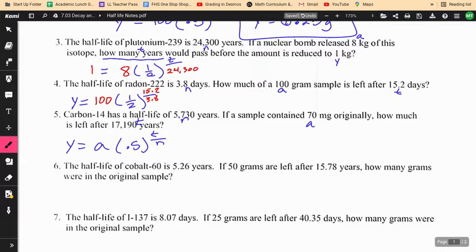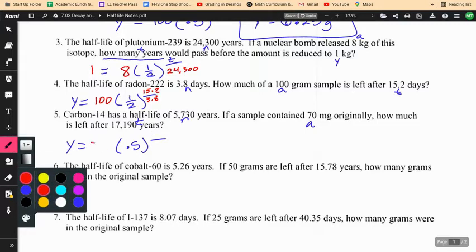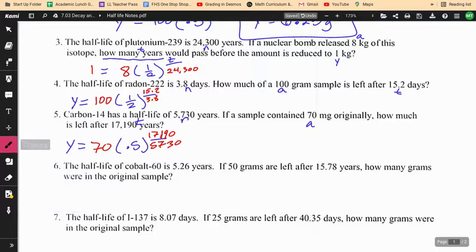That is T, 17,190. And again, I know N, T, and the initial. So 70, 17,190, 5,730.